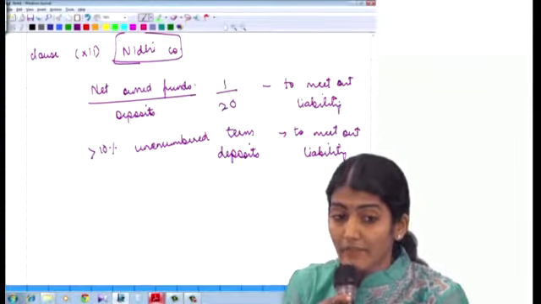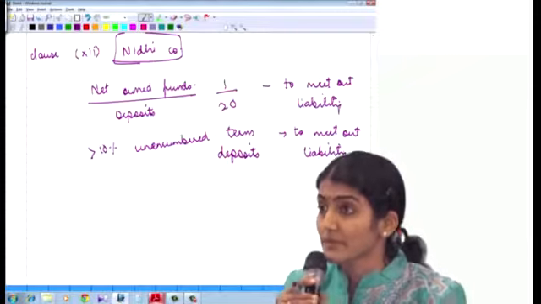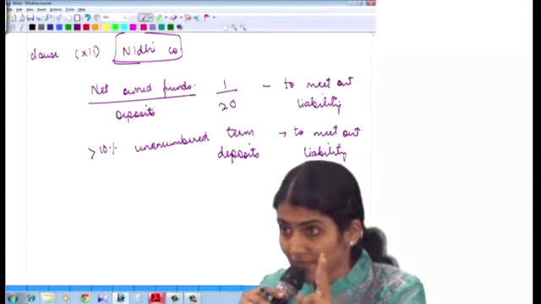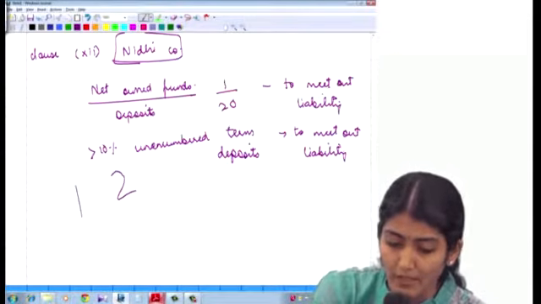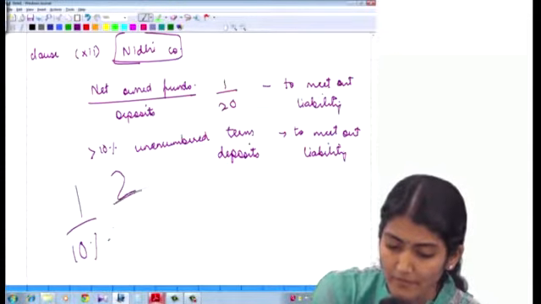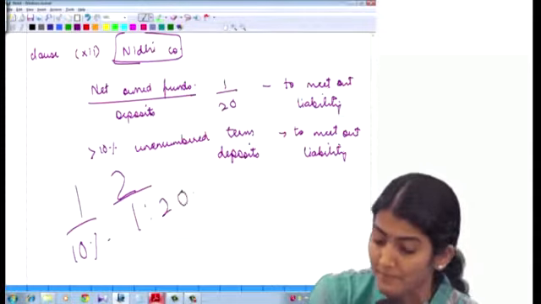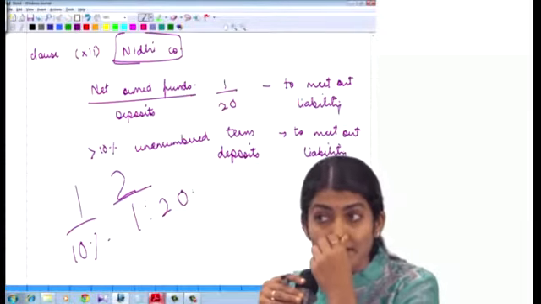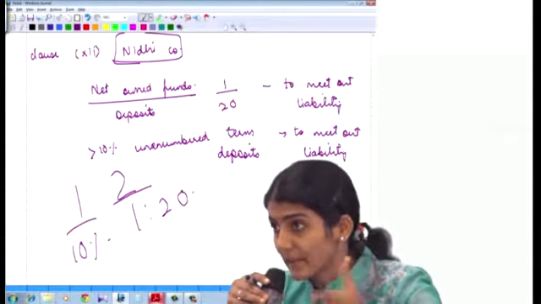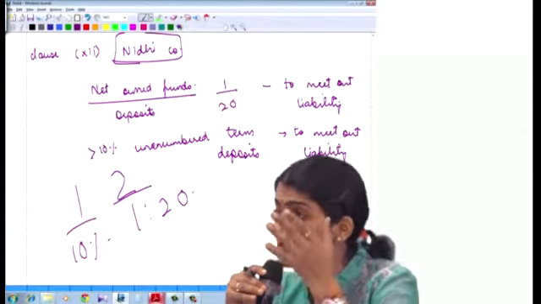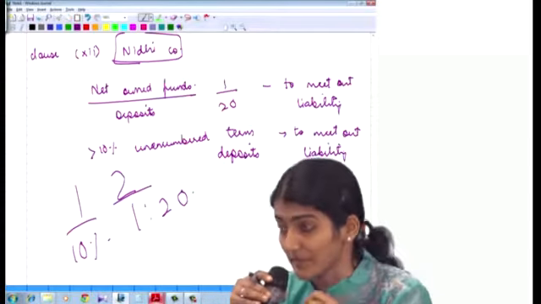In clause 12 you have 1 and 2: the first one is for 10% and the second is for 1:20.